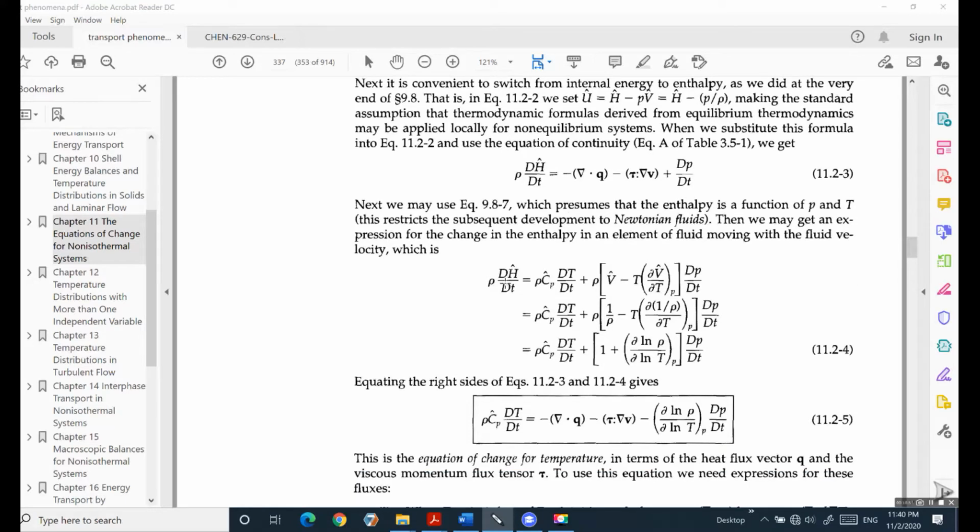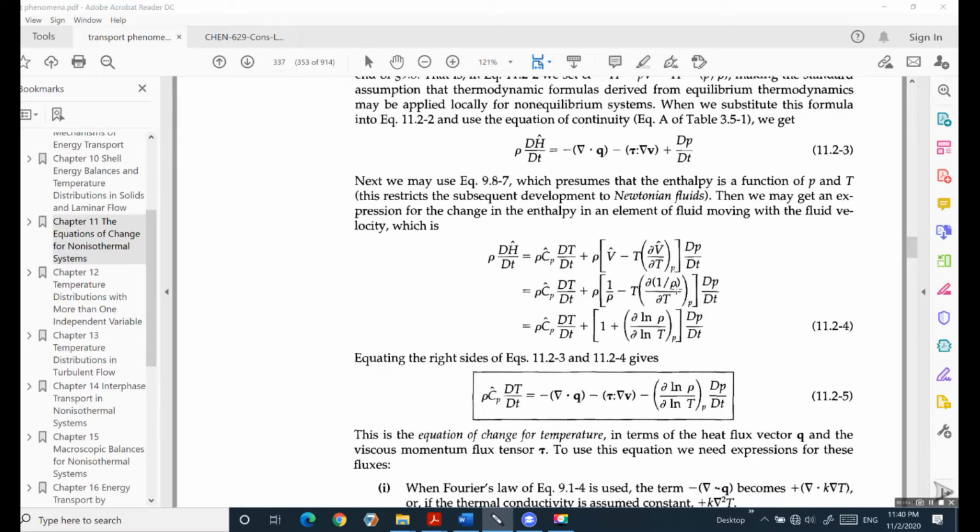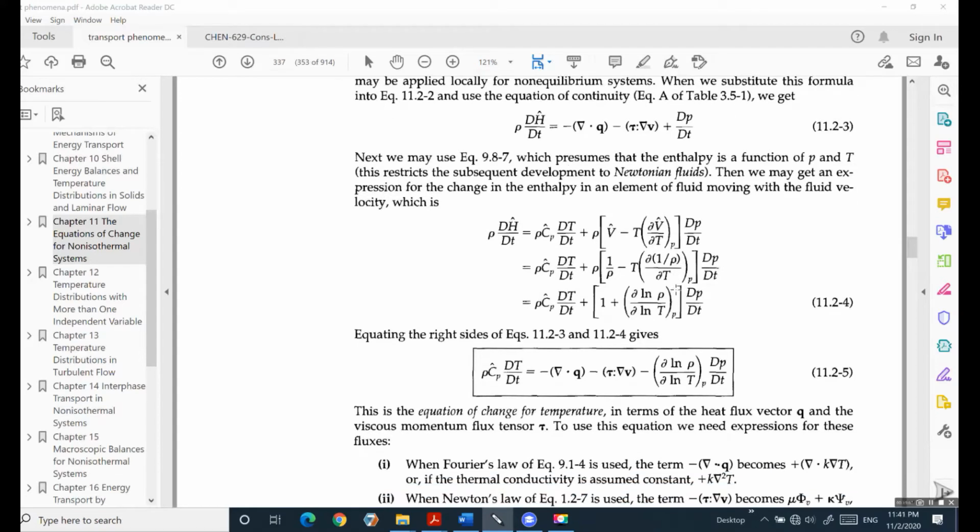We know from chapter 9 we can write the enthalpy change with respect to time by this formula, and now finally we can get that one, and we can just insert it here.